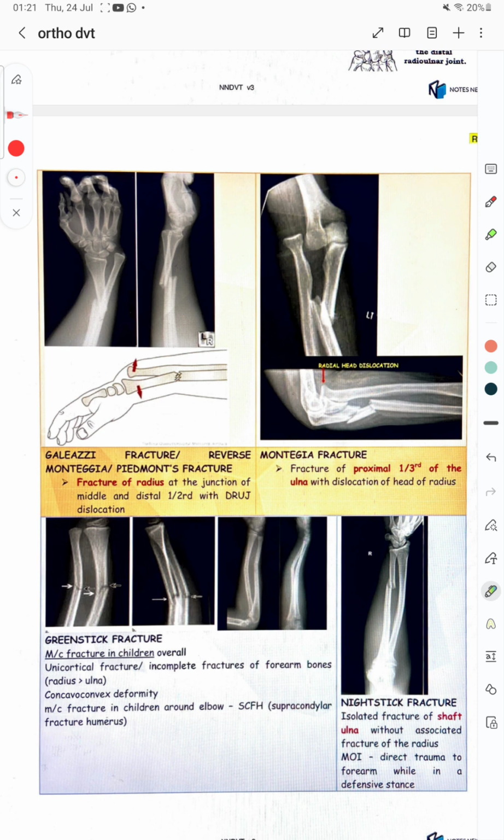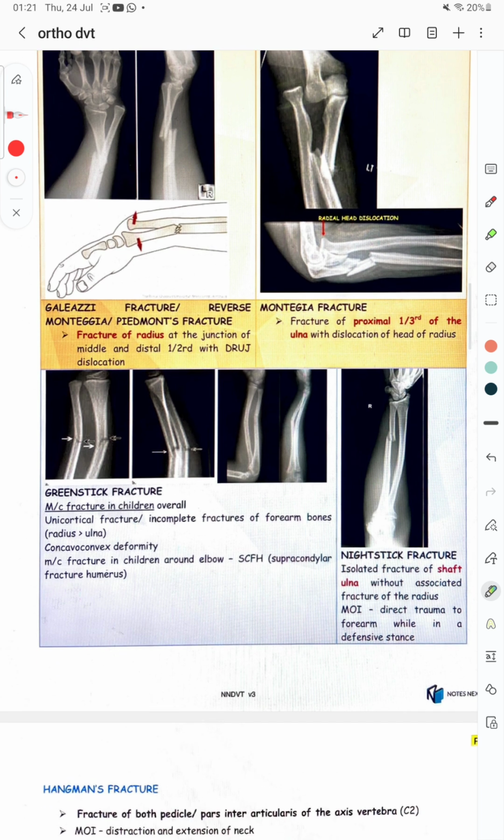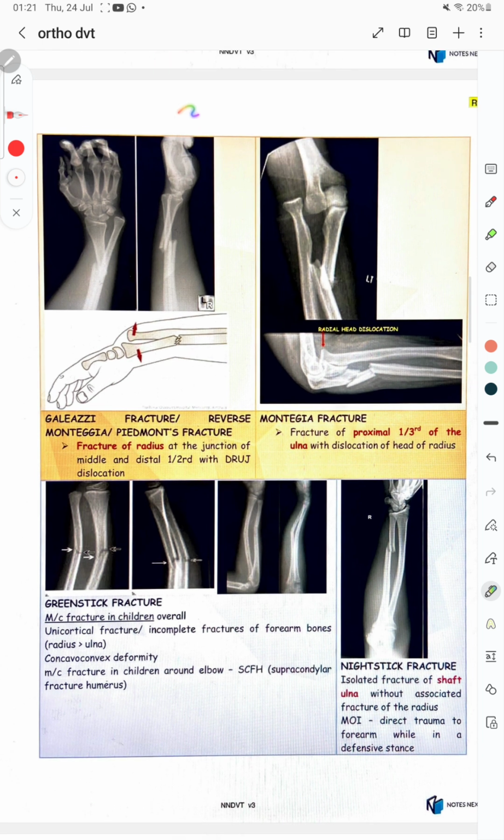Galeazzi fracture or reverse Monteggia, Piedmont's fracture, Monteggia fracture. Galeazzi fracture, reverse Monteggia, is a fracture of the radius at the junction of the middle and distal half with distal radioulnar joint dislocation, and Monteggia is a fracture of the proximal third of the ulna with dislocation of the head of the radius. So I learned it as MUGR, Mugra.